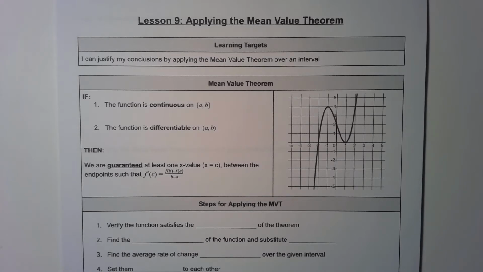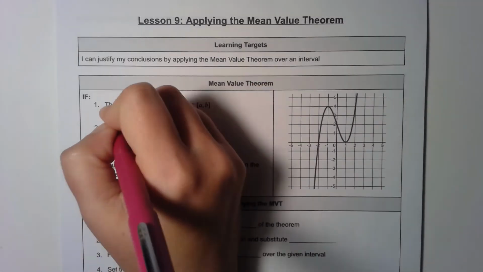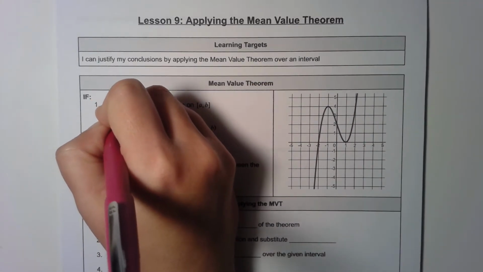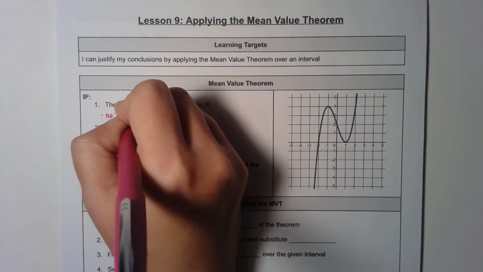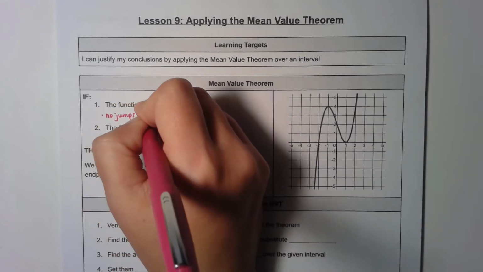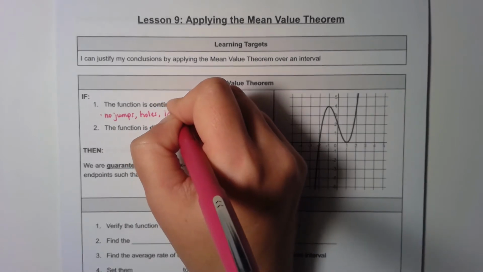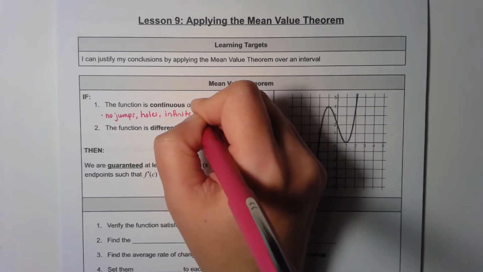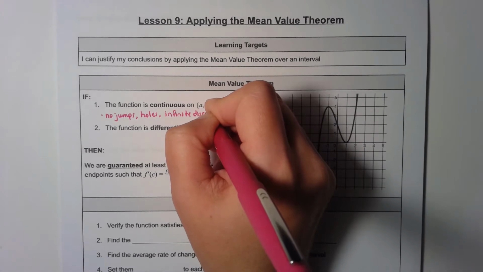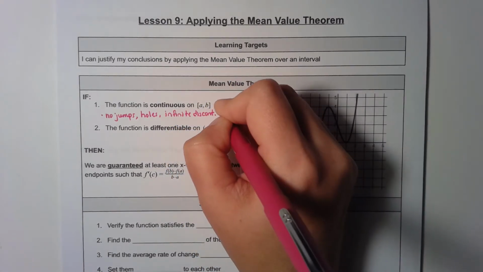So as a reminder, the mean value theorem has two parts, the conditions and the conclusion. The first condition is that our function needs to be continuous on [a, b]. As a reminder, that means no jumps, holes, infinite discontinuities, including endpoints.